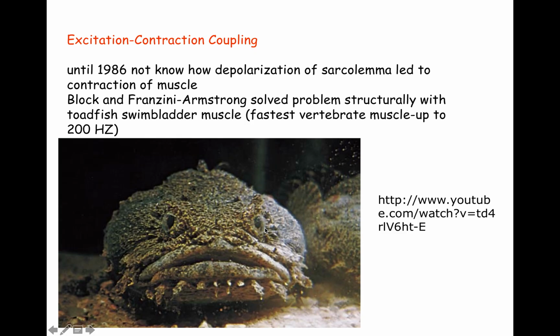A lot of this was figured out in this little beastie here. This is an Opsanus tau, the oyster toadfish. Here are its eyes, its mouth. It's a bottom dweller, a pretty voracious eater, and they have a specialized band of muscle around their swim bladder.